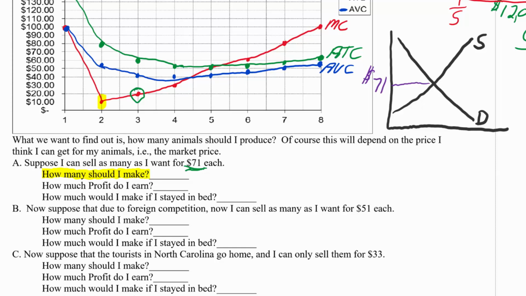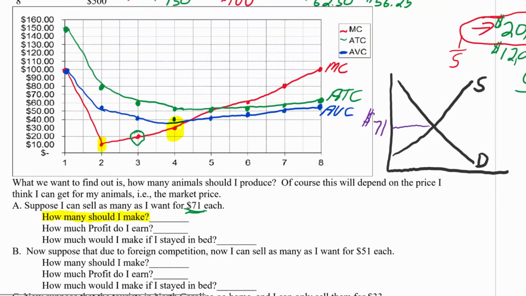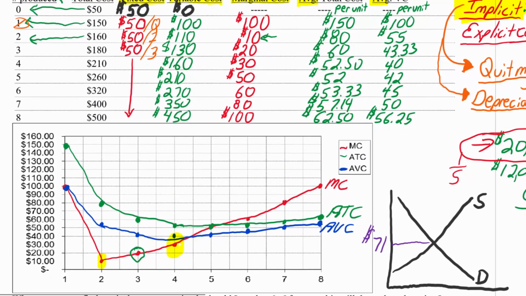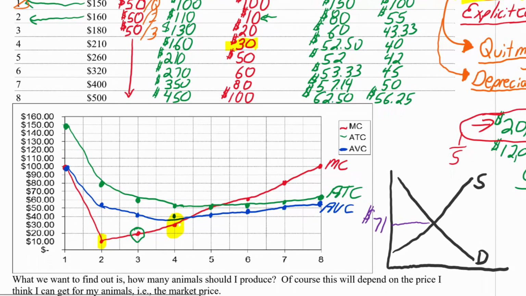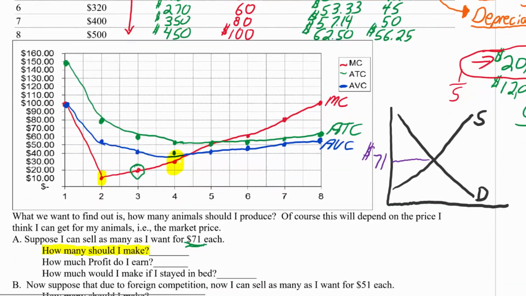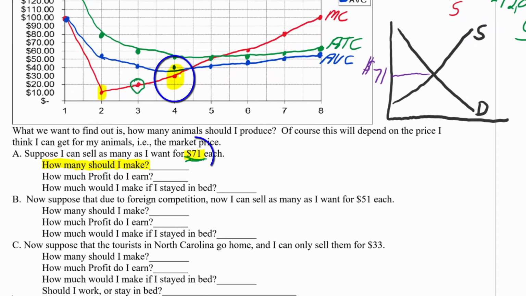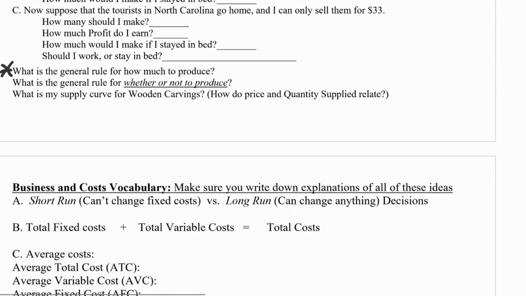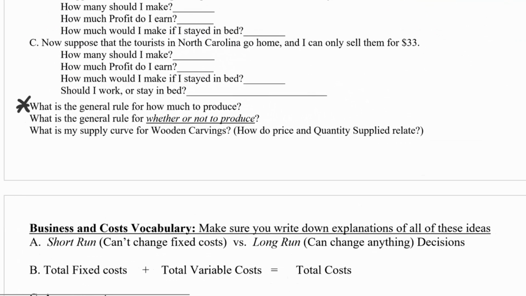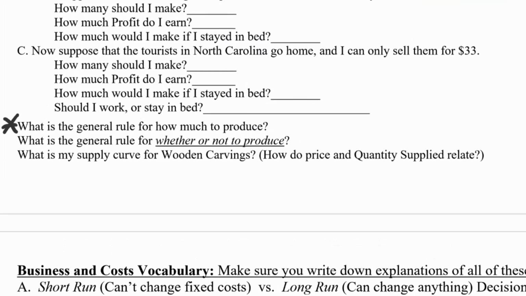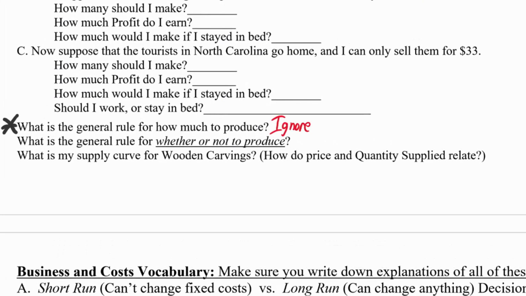I'd love to do that all day if I could, but we can't, because when we produce the fourth one, the marginal cost we saw in our table was $30. But still, do we want to produce it if it costs $30 and we can sell it for $71? Yes. So the rule basically says, and then we'll get to using it here, ignore the downward sloping part of the marginal cost curve.